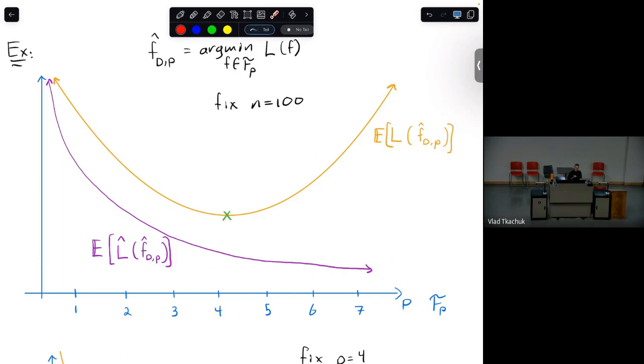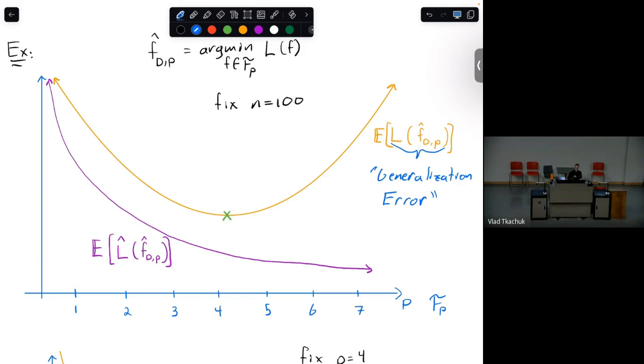Sometimes this expected loss term is called the generalization error. Maybe this gives more intuition to the term: it tells us how well we generalize to new data.